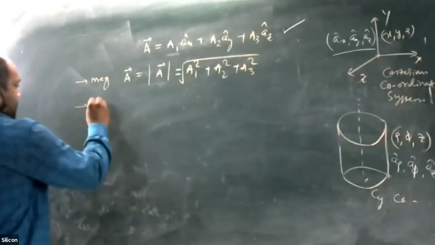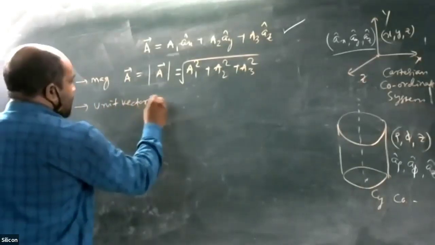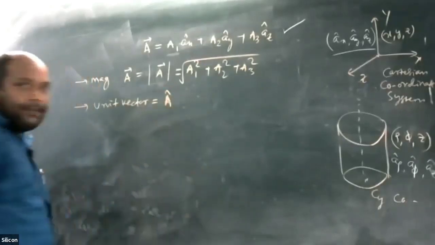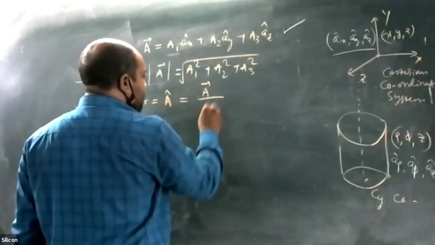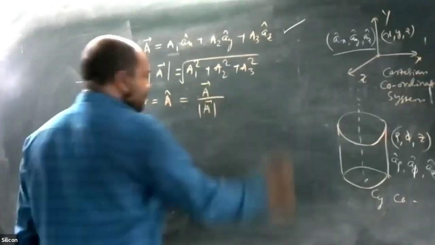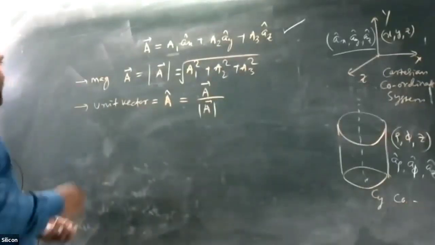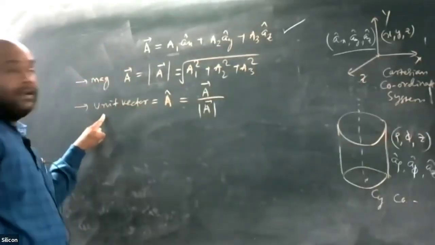And what is the unit vector? We can represent the unit vector as a hat or a cap. It is defined as the vector divided by its magnitude. Once you know this, this is a vector, this is the magnitude of this vector, and this is the unit vector.